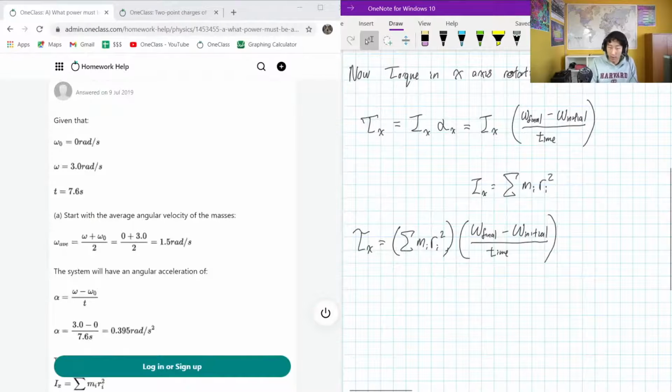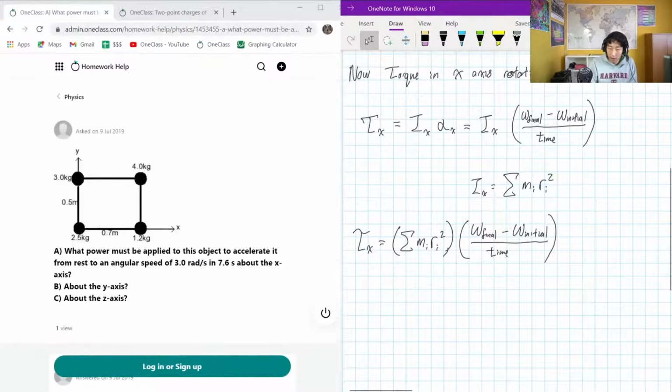Okay, so when we scroll back up to here, we know that we only have 2 points on this system that are relevant to the moment of inertia. In this case, the 3 and the 4 kilogram. So we shall do this.